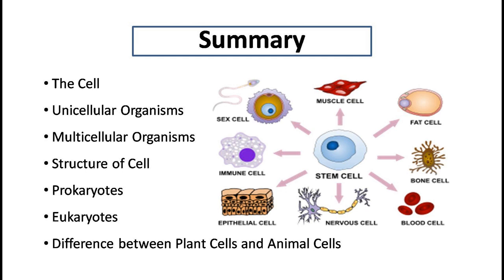Then we saw the different types of cells present in different types of organisms. The simple ones are called the prokaryotes and the complex ones are the eukaryotes. Then we saw the differences between plant cells and animal cells. With this, we wind up our chapter.